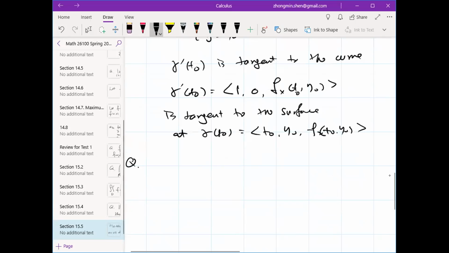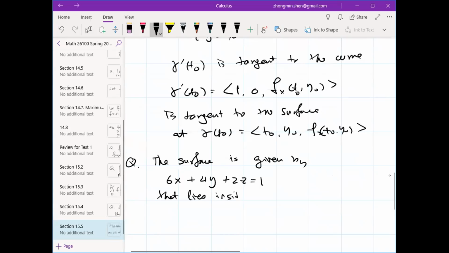The first problem is, the surface is given by 6x plus 4y plus 2z equals 1, that lies inside the cylinder x squared plus y squared equals 25.